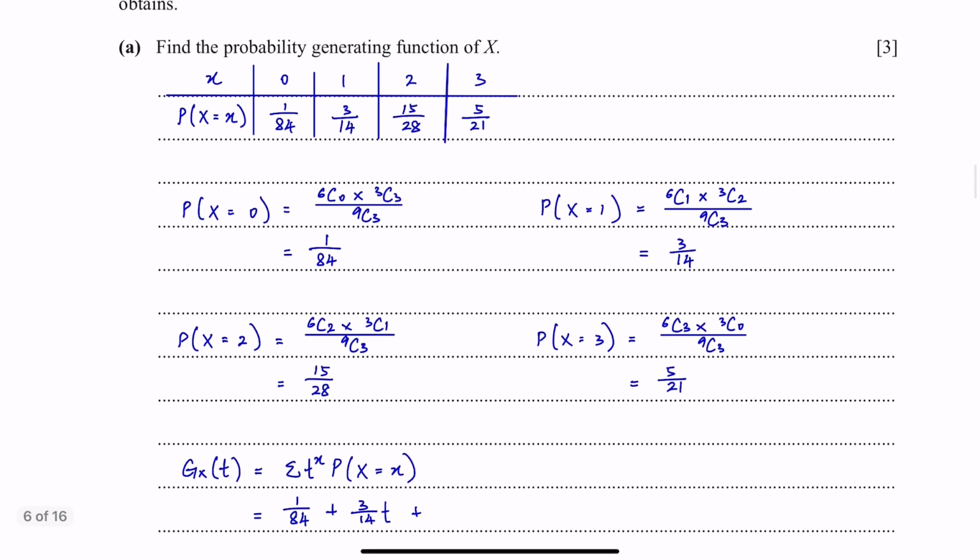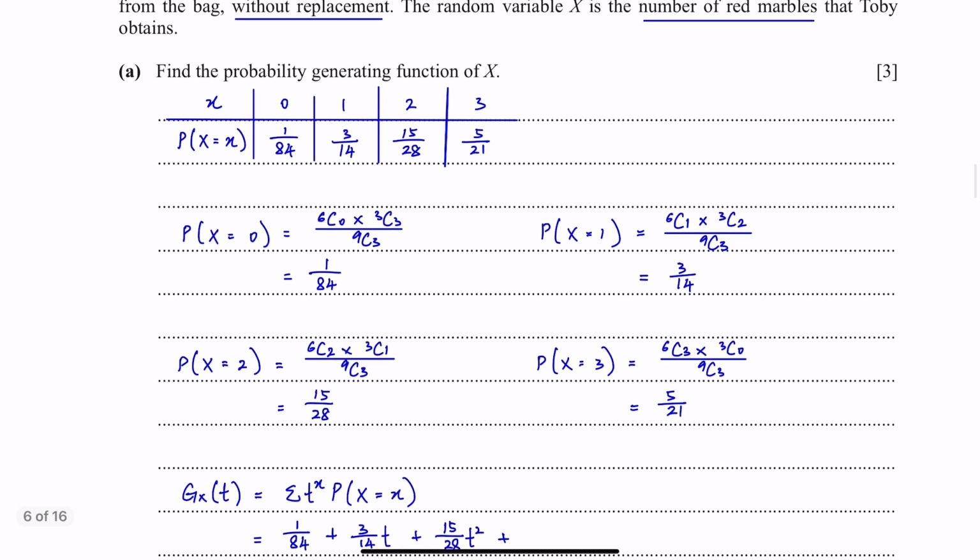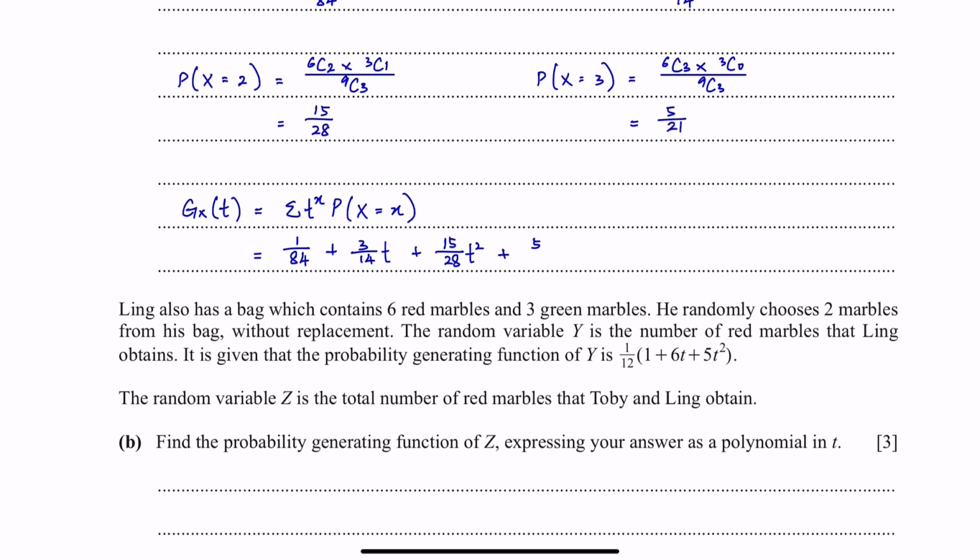Third term would be 15 over 28 times t to the power of 2, which is 15 over 28 t squared. Last term would be 5 over 21 times t to the power of 3. So we have 5 over 21 t cubed. And this would be the answer for our probability generating function of x.